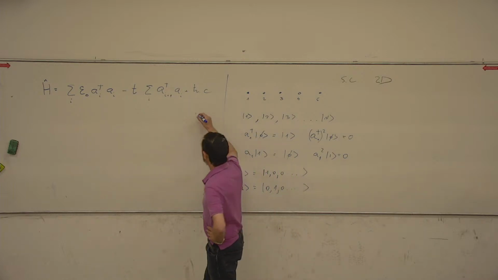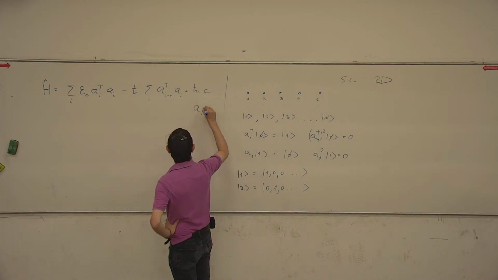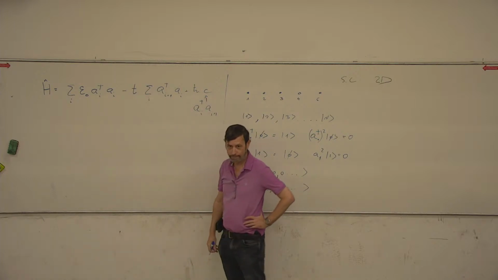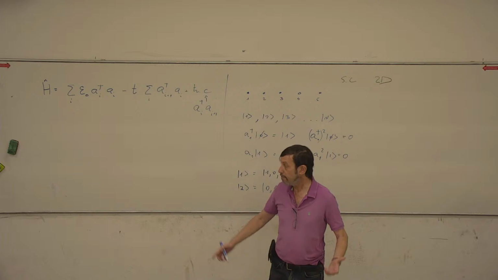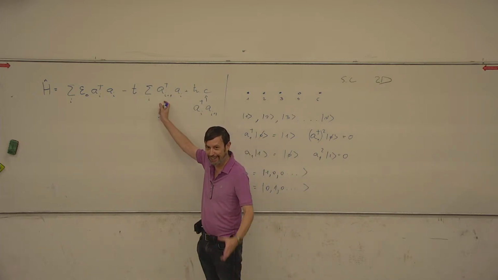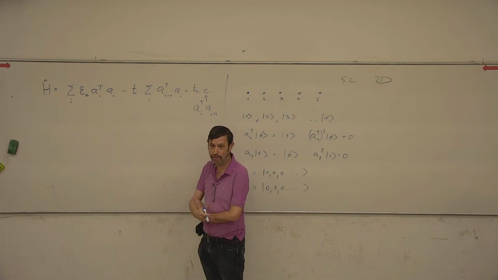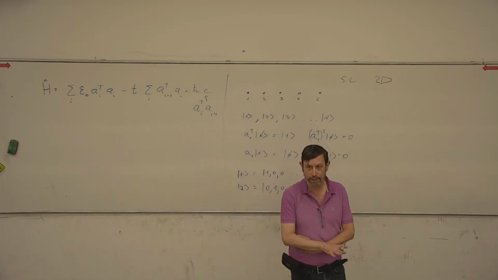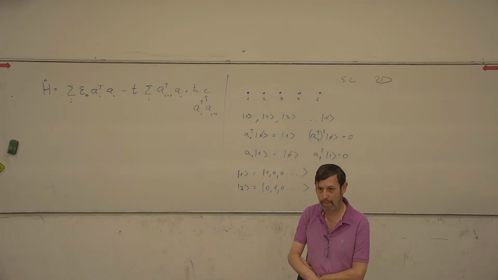HC, Hermitian conjugate, the Hermitian conjugate of this term. Why? Because this is not Hermitian. I'm not allowed to write down a Hamiltonian that's not Hermitian. That's the mathematical explanation. Someone can give me a physical explanation? Symmetry.